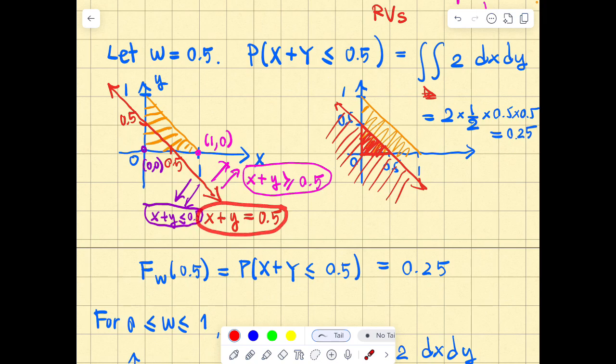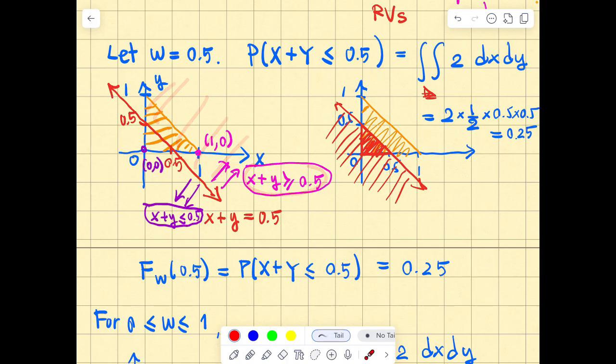Equal sign. So it's a straight line going through these two points: 0.5 at x equal to 0, and y equal to 0.5 at x equal to 0. Okay, and we want less than, right? So that means it's going to be on this side, on the left hand side. On the right hand side, this is when x plus y is bigger than 0.5.